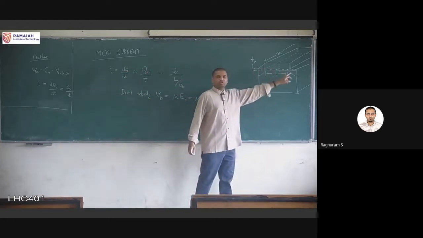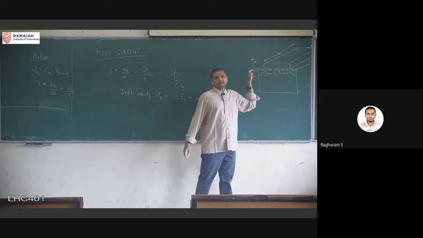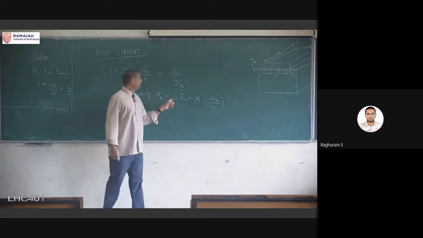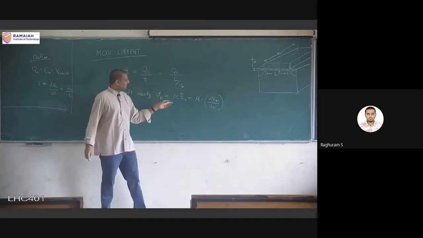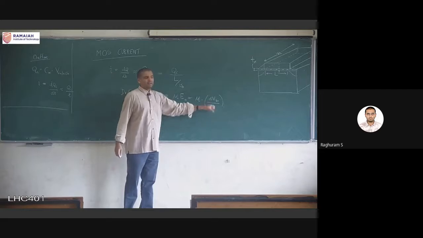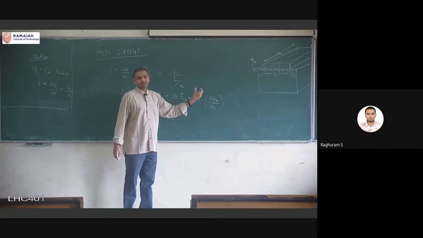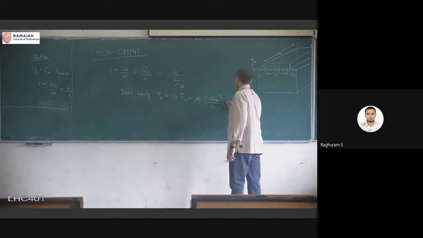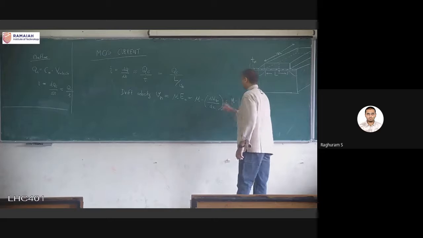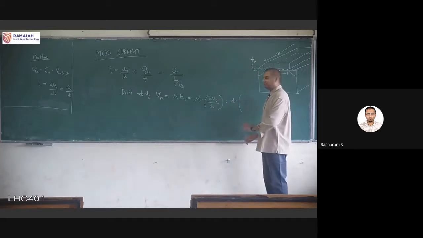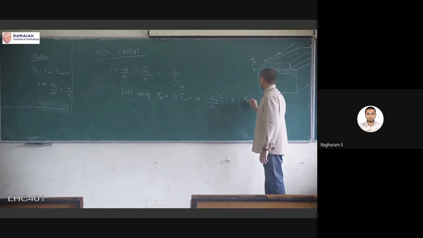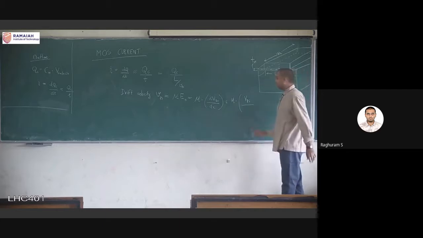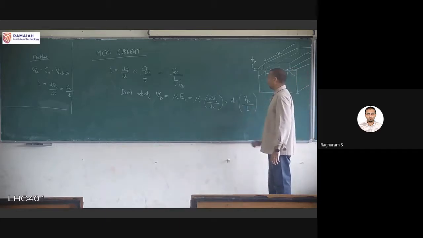If they have to move from source to drain, it is because of the force of this electric field. The electric field we can replace as the gradient of the potential, dVds. Now finally I have my electrical parameter, voltage, and this I will replace with mu into Vds by dx, where dx is again the distance between the source and the drain, which is L.